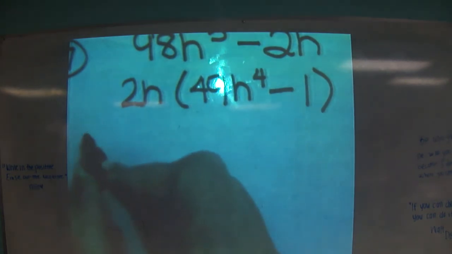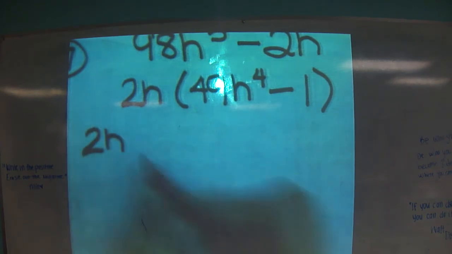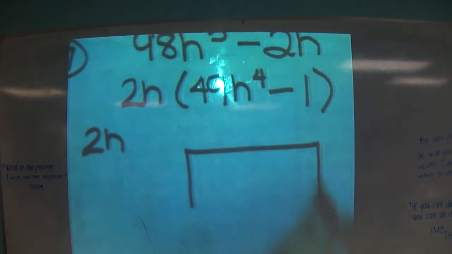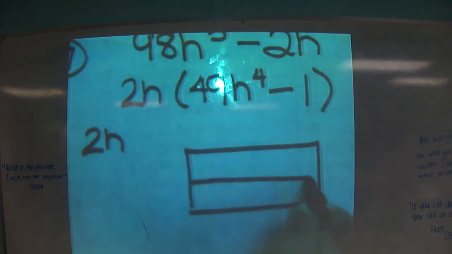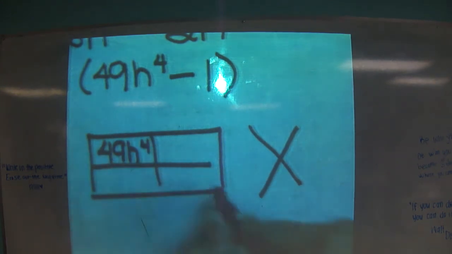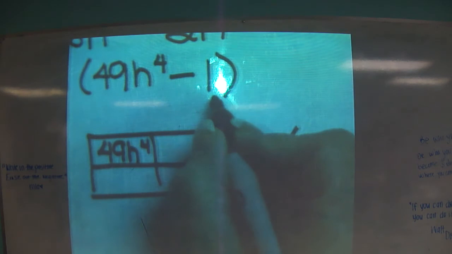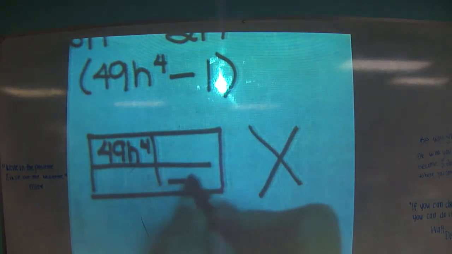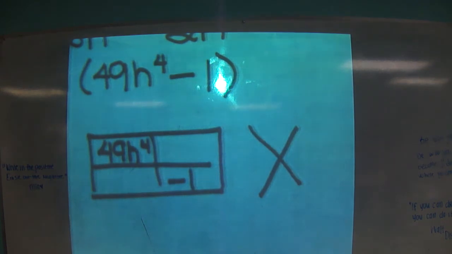So one of our factors is like this. We can still do the box and the diamond. So we have 49h to the 4th. We have, and this is the c term because it doesn't have a variable after it, negative 1. What's the b term?